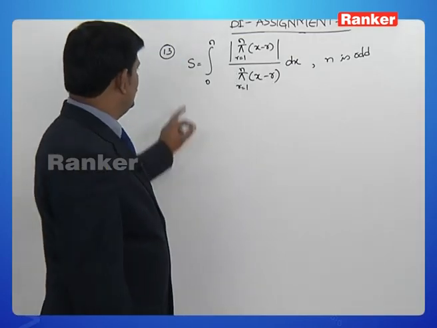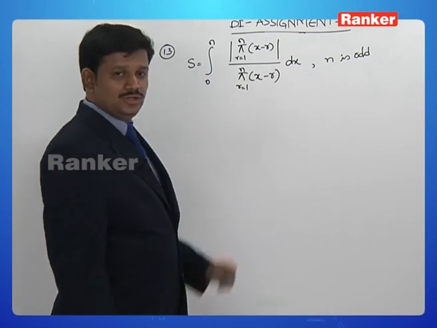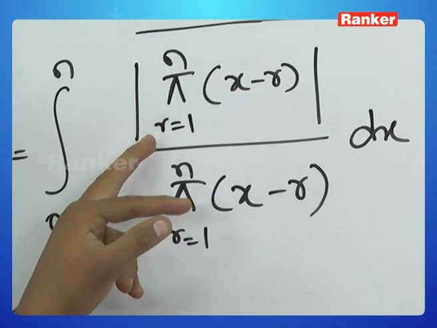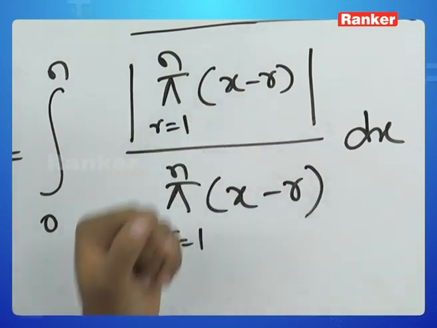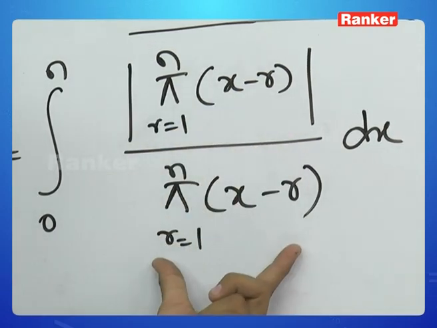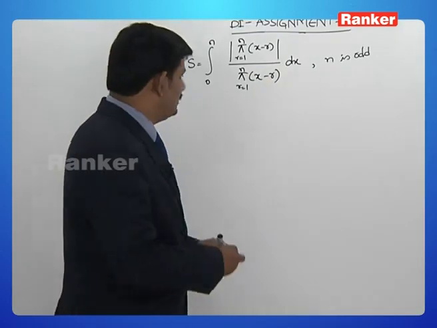So, we need to evaluate the integral s is equal to integral 0 to n modulus of product of r equal to 1 to n into x minus r within mod divided by product of r equal to 1 to n x minus r dx.